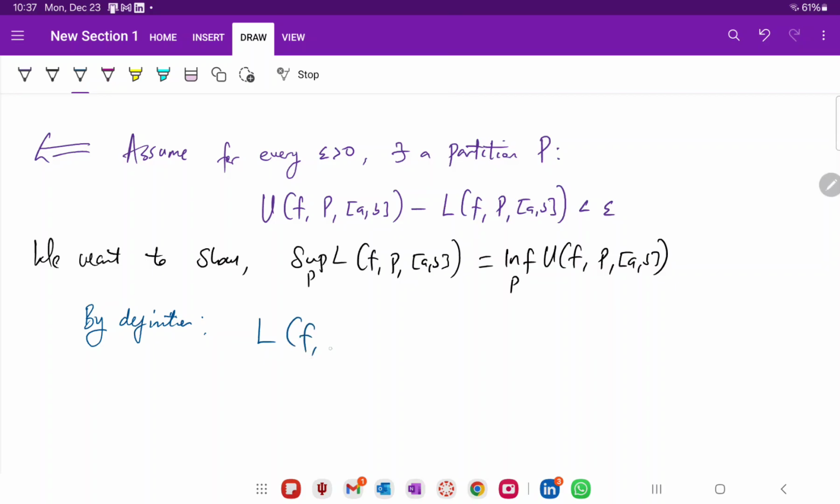We know that our upper Riemann sum, from here, should be the lower Riemann sum plus epsilon, by assumption.